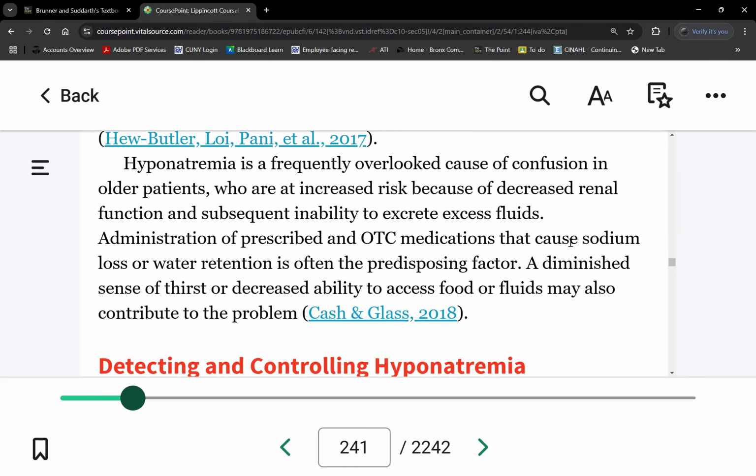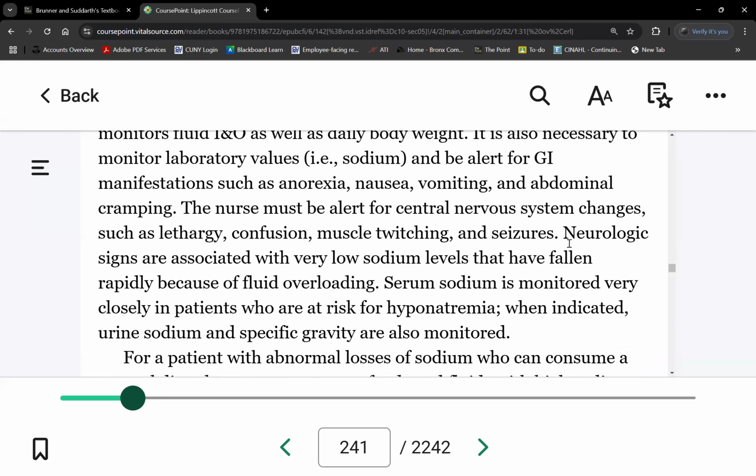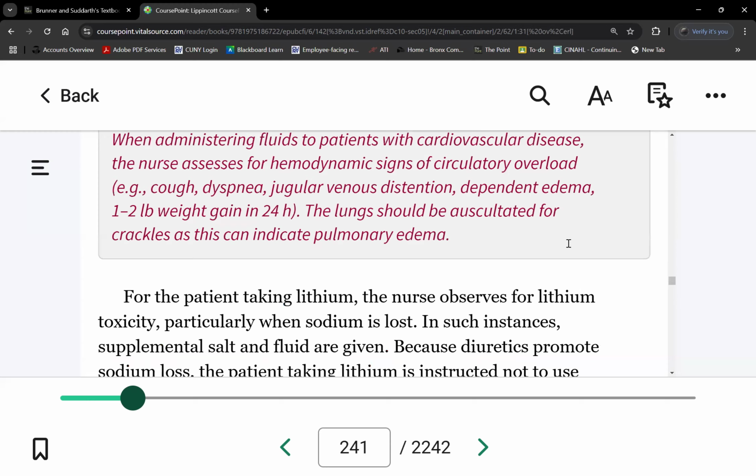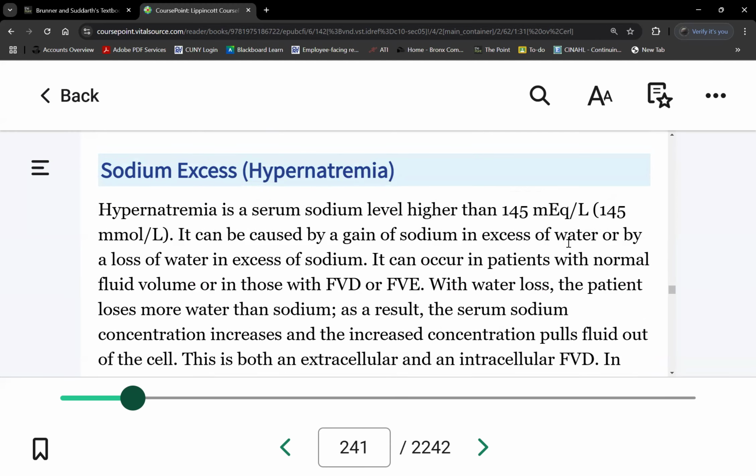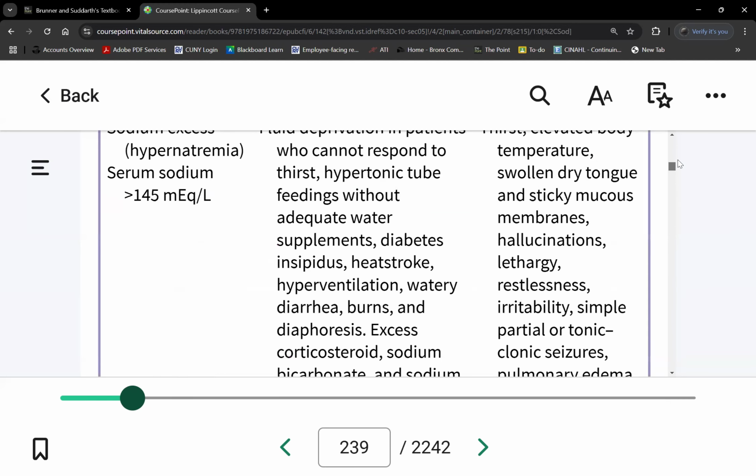Okay, so we already know about seizure precautions. And remember, the patient's confused, there's confusion, lethargy, so fall precautions. That's about it. Let's go to too much sodium now. Let's go back to the table. Here are your manifestations.